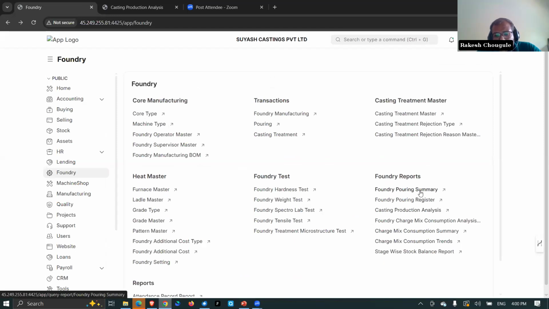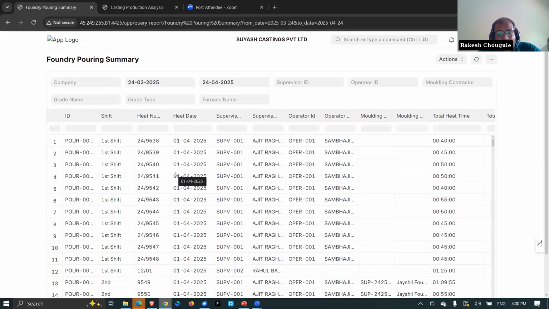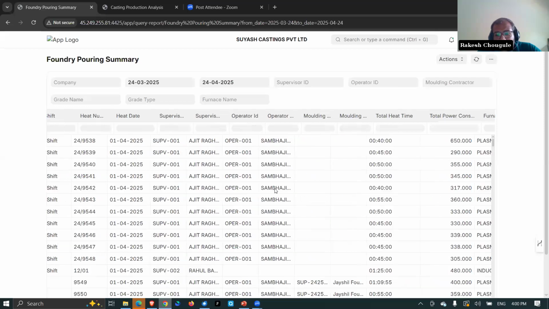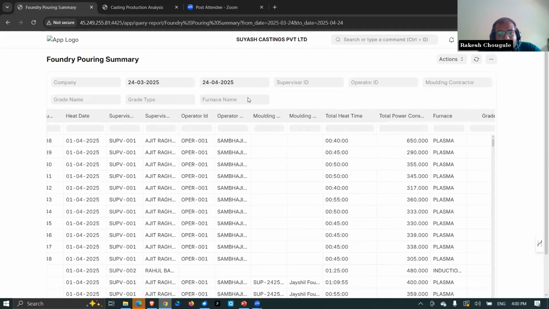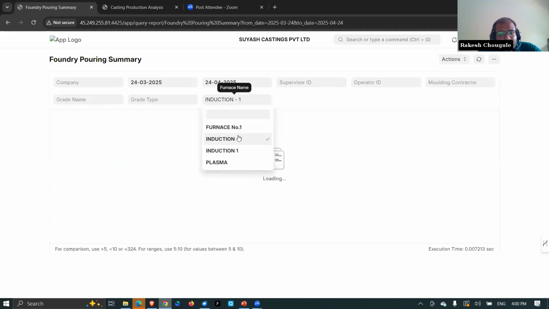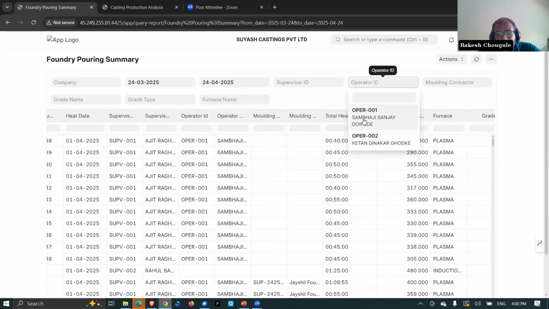And then there is a foundry pouring summary report, in which detailed analysis of supervisor and operator performance can be tracked. Here you can see that I can view the report with respect to one furnace or one operator.